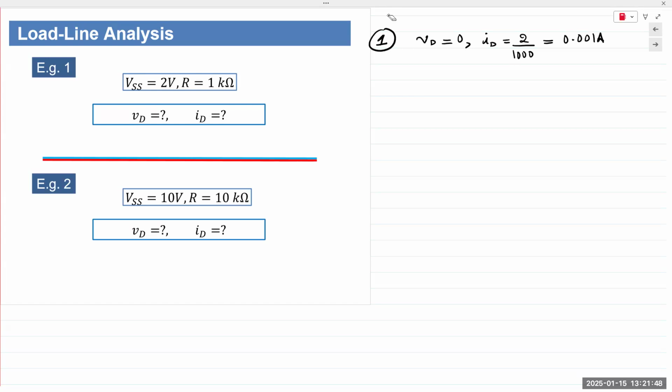Oh, sorry, 2. It's 0.002. If we plug in ID is equal to 0, then VD is equal to VSS, which is equal to 2 volts. As straightforward as that.